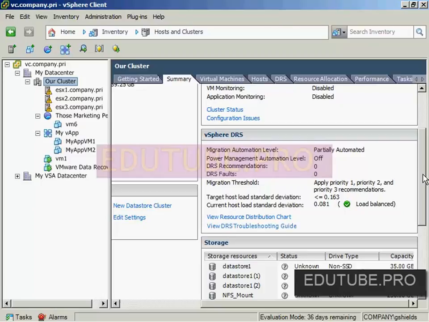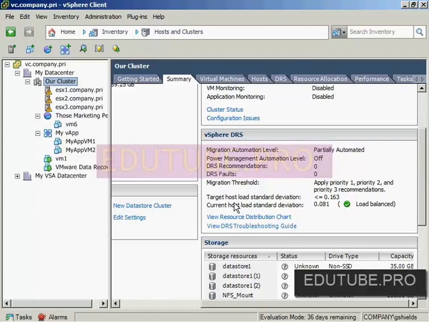If you're familiar with any of your basic statistics, it makes use of a mean and also a standard deviation from that mean to identify what is an acceptable amount of imbalance for the cluster. What DRS effectively does is every 300 seconds or so, not every 5 minutes or so, it runs a pass on the cluster to identify what the mean use is of resources and then also what the standard deviation is of those resources.